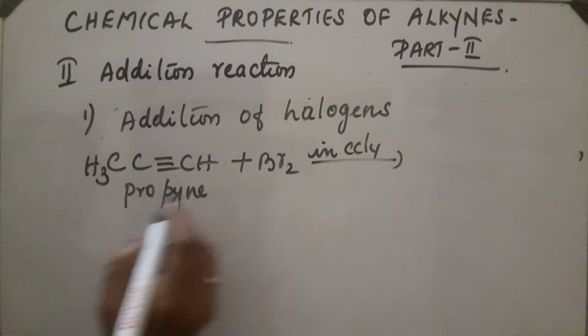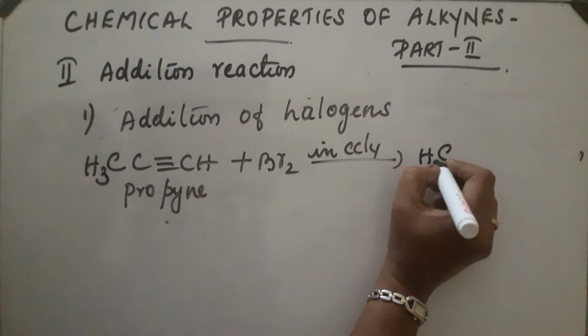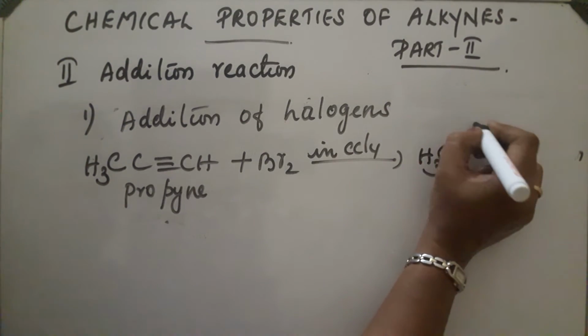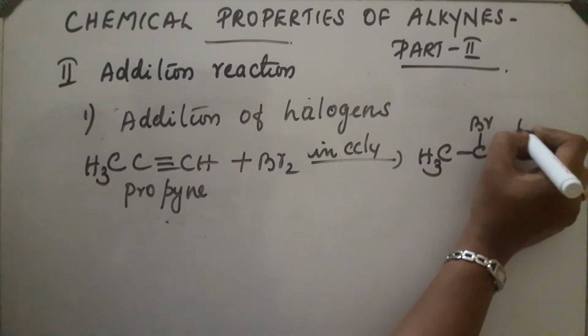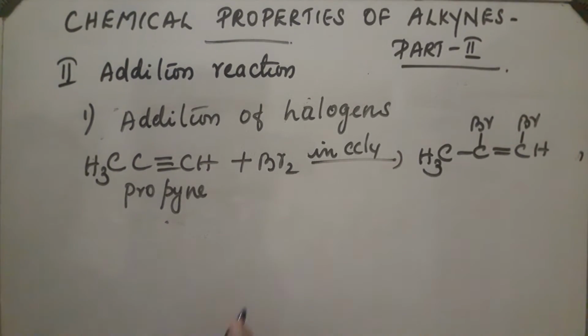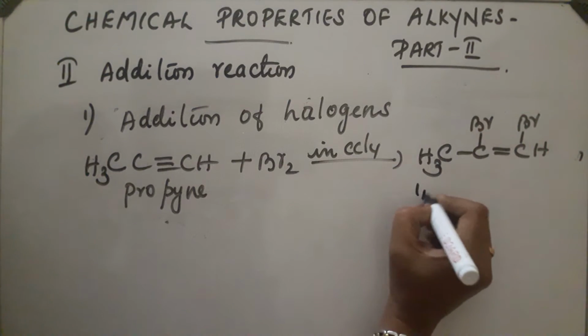So what will happen? CH3 CHBr double bond CHBr, 1,2-dibromopropane, is obtained.